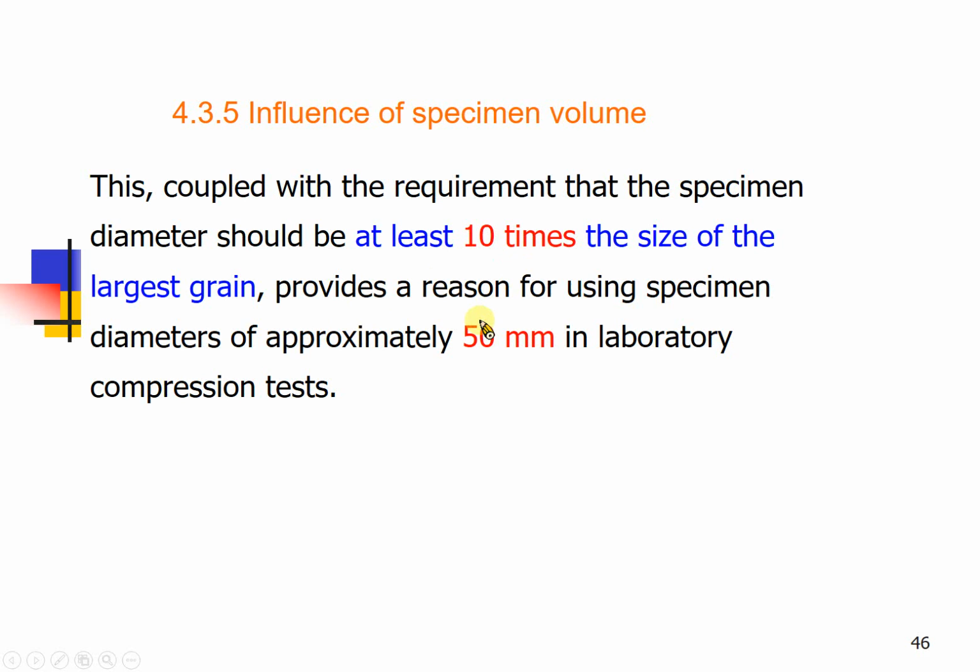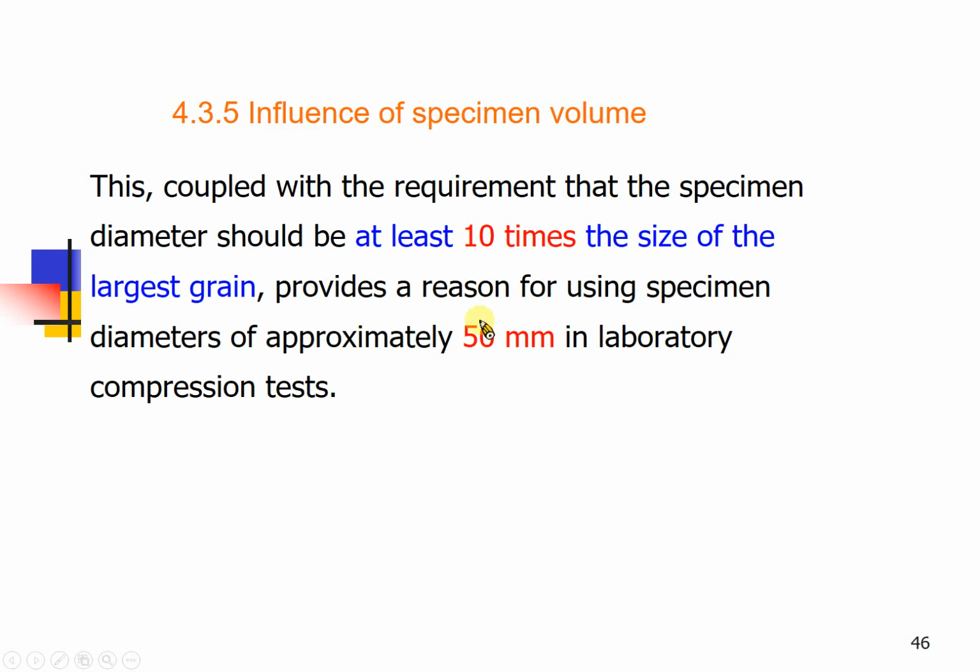For a soil test, you have a sample in this size, with thousands or millions of grain particles, so you will not really have the scale effect. For rock, the grain could be larger, but the sample size should be at least 10 times larger than the grain of the rock sample. Understand?